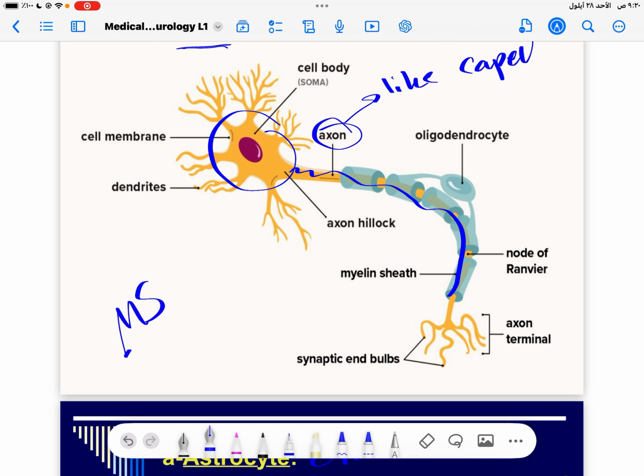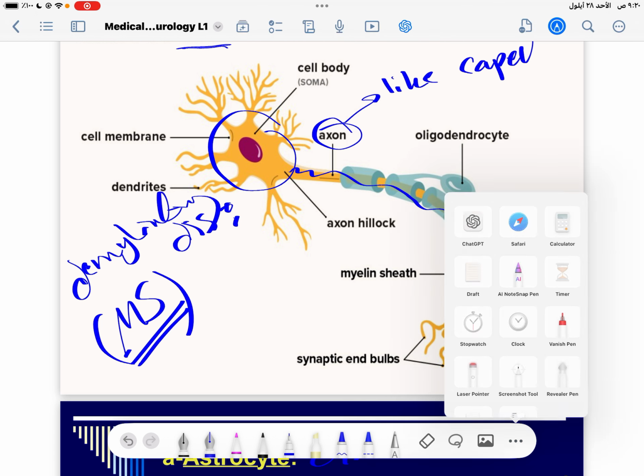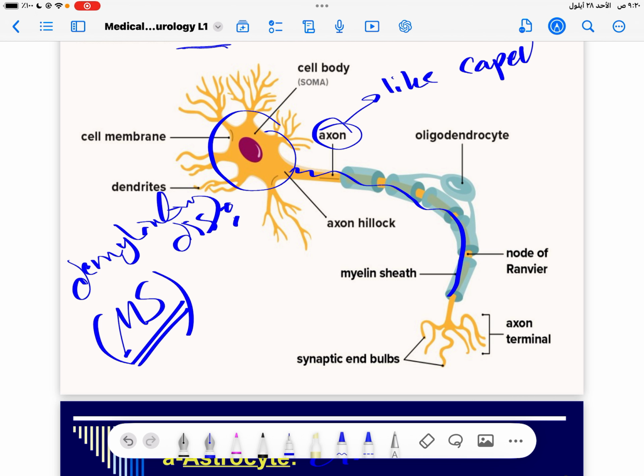In that group of disorders, when there is demyelination and destruction of the myelin sheath, the transmission of the signals will be impaired or blocked. So the oligodendrocyte is very important in the formation and maintenance of the myelin sheath.